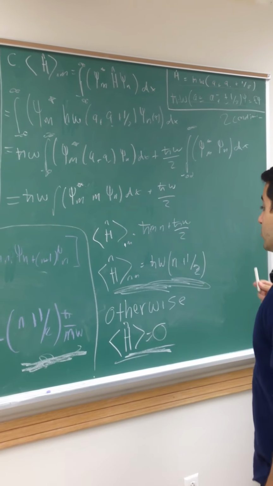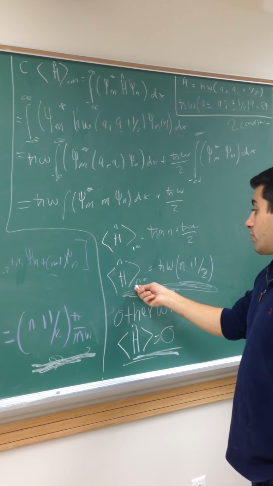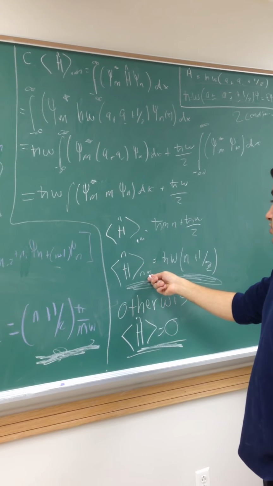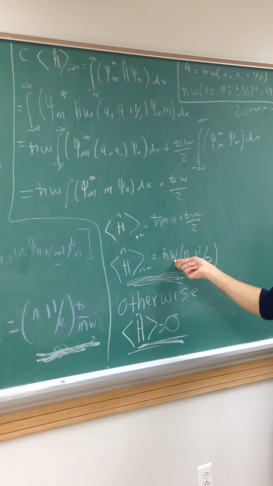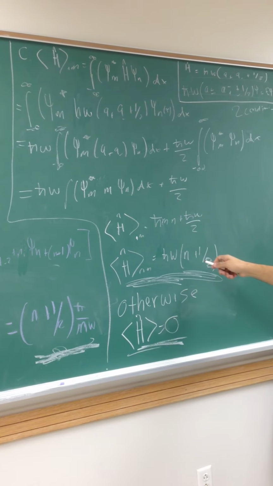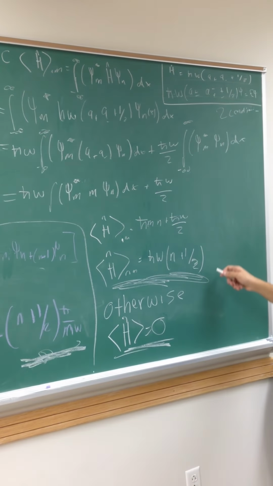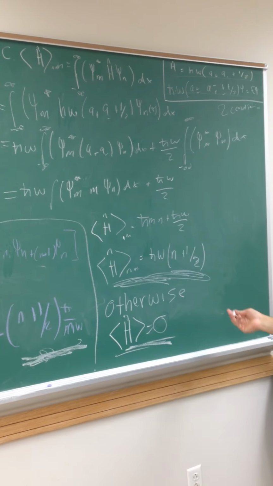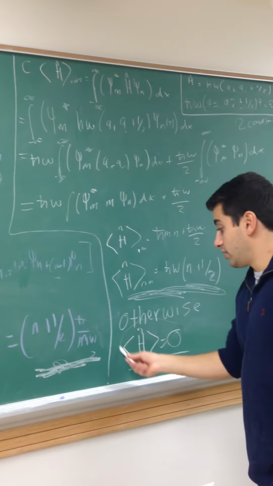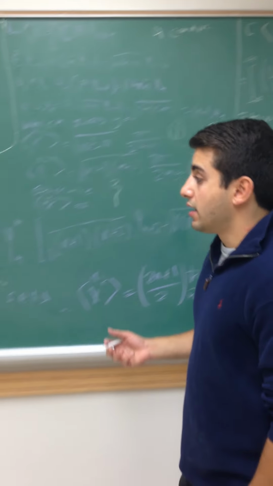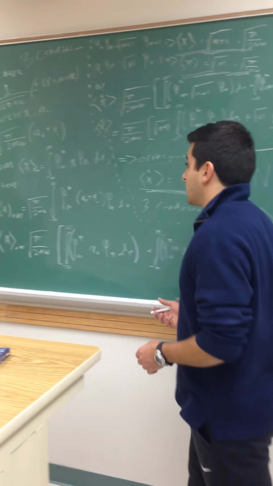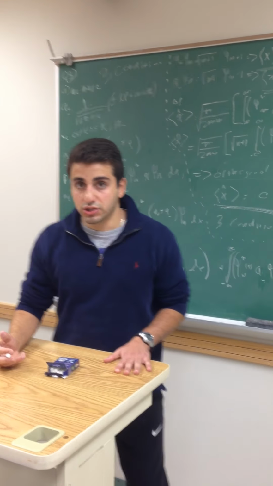The first condition was that the Hamiltonian operator, after introduced to the wave function, we got h bar times omega times n plus half in brackets, and otherwise the Hamiltonian operator would be 0.